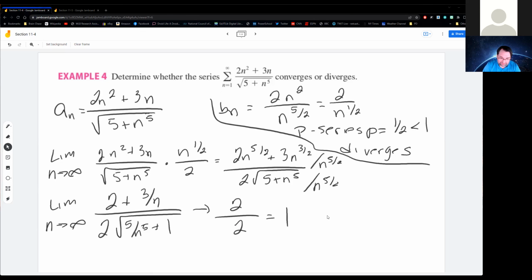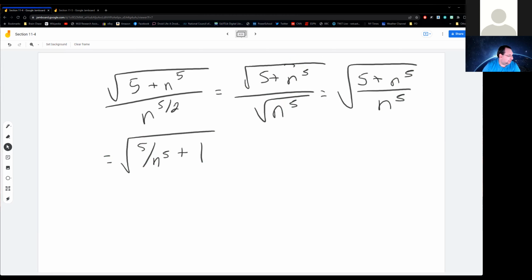The bottom is just the square root of n to the 5th, which then, you can put it all under the same thing. So, which ends up giving you the square root of 5 over n to the 5th plus 1. Thank you. Welcome.